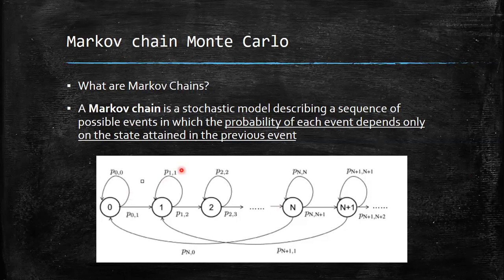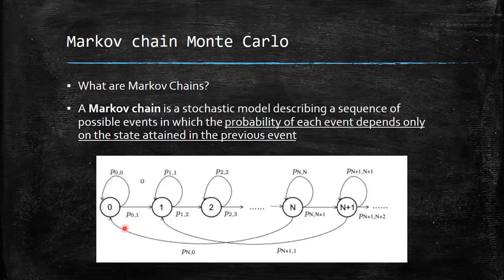This is the state diagram of a hypothetical case. We have n+1 states, and if we look more closely, the probability of going from 0 to 1 would be p0,1, and the probability of staying in the same state would be p0,0.